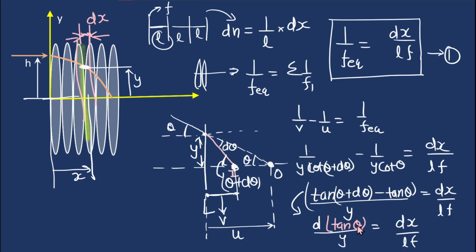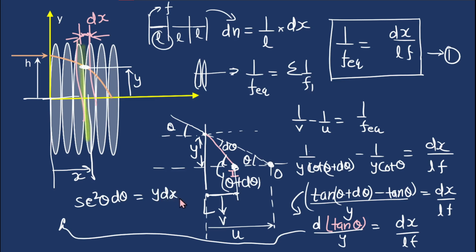So d of tan theta can be written as sec square theta into d theta, right? So from here we can write sec square theta d theta equal to y dx by L times f.